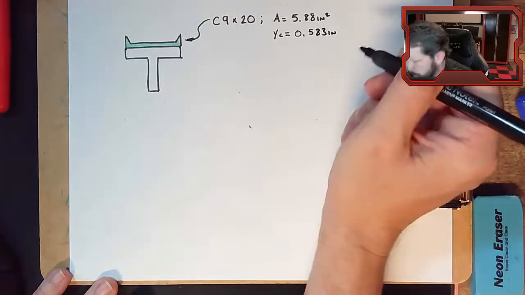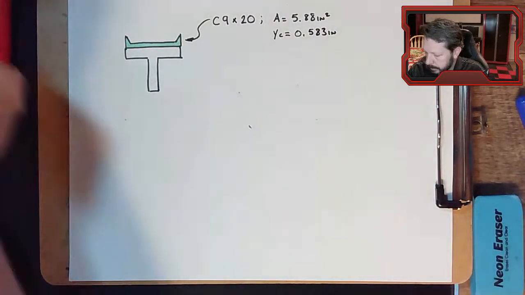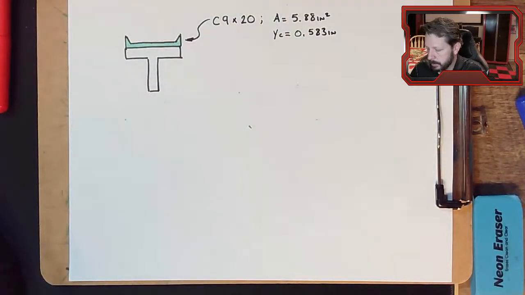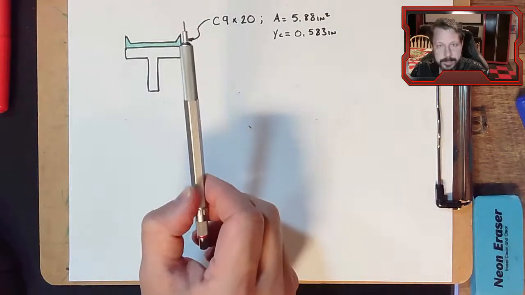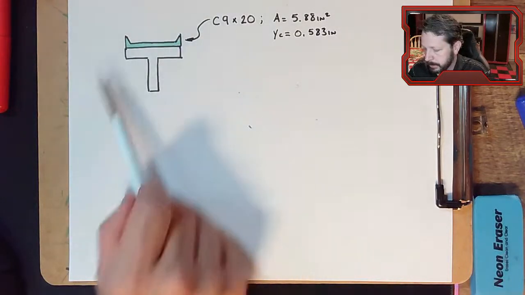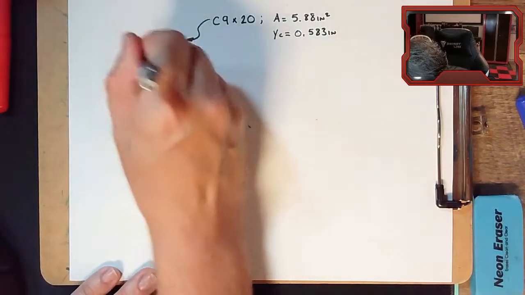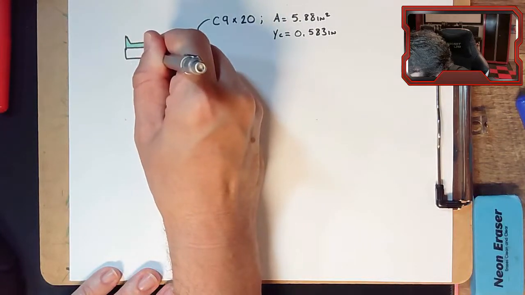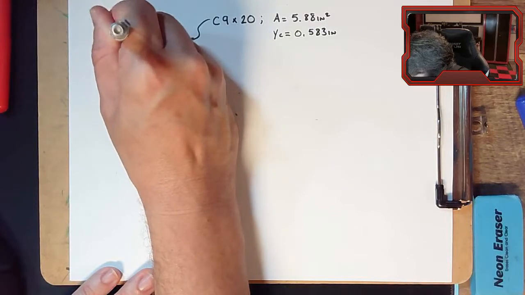All right. So now, if we put some dimensions on our T-beam, we know some stuff about the channel beam that we've welded to the top of it, then we should be able to calculate this just like a composite shape now. So we'll call the stem, remember this part is the stem, part 1, the flange part 2, and the channel part 3.